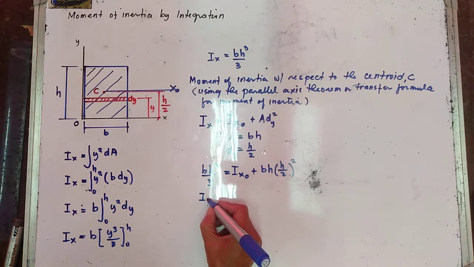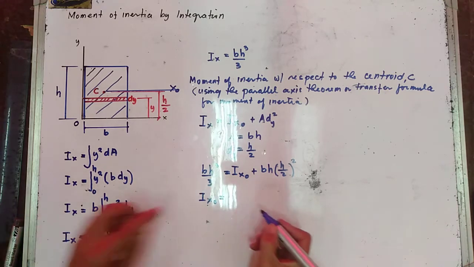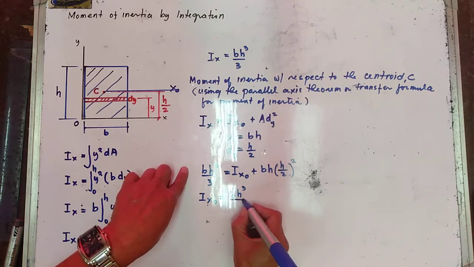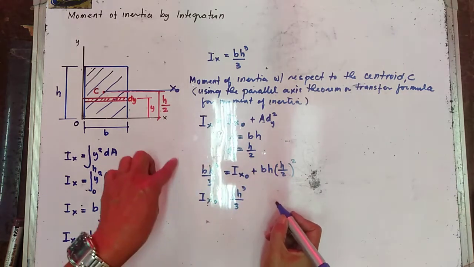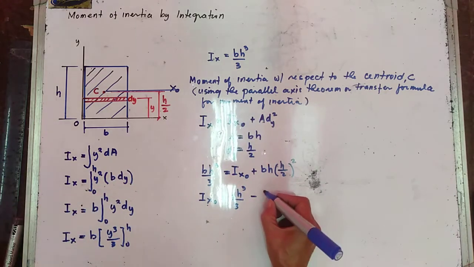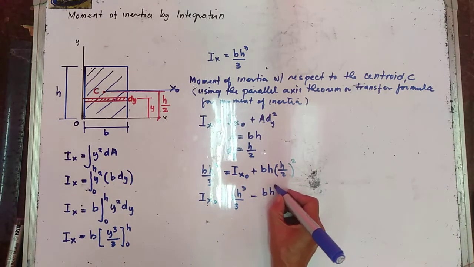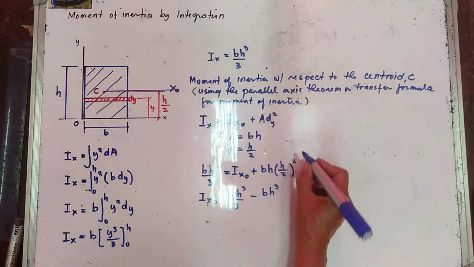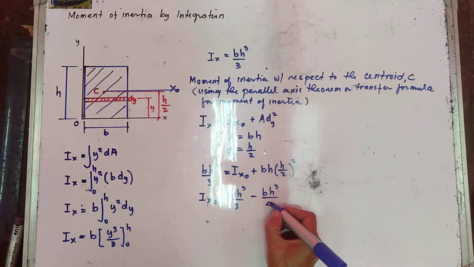So we have your IXO is equal to BH cubed all over 3, minus BH cubed all over 4. BH cubed: H times H squared is H cubed, and 2 squared is 4.